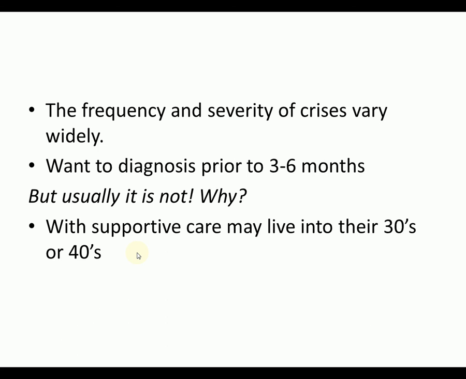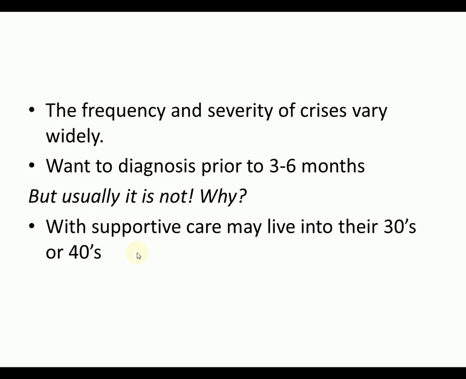Sequestration crisis is a pooling of a large amount of blood, usually in the spleen, infrequently in the liver, and it causes decreased blood flow and ultimately shock. Aplastic crisis is diminished red blood cell production, usually caused by viral infections that can result in a profound anemia. Hyperhemolytic crisis is an accelerated rate of red blood cell destruction characterized by anemia, jaundice, and reticulocytosis.